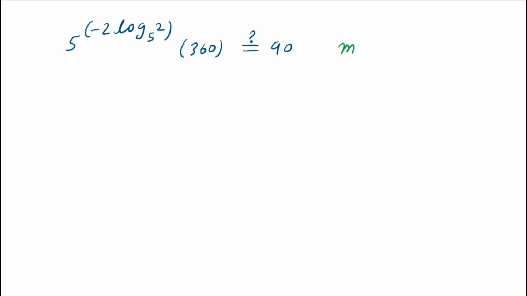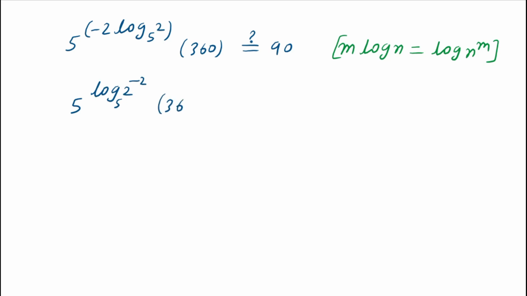We know that m times log n is equal to log n power m. According to this rule, we can write 5 power log 2 power minus 2 with base 5, multiplied by 360, equal to 90. Now we know that 2 power minus 2 is equal to 1 over 2 power 2, which is 1 over 4.